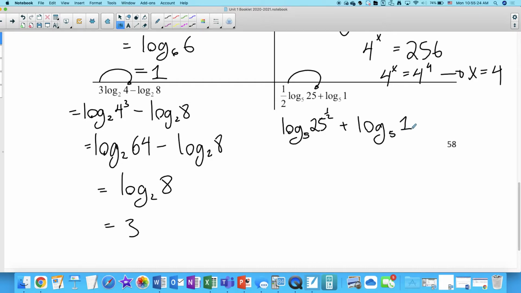When you raise something to the exponent 1/2, what's an equivalent thing to do? Square rooting, right? So what's the square root of 25? 5. So I'm going to have log base 5 of 5 plus log base 5 of 1. And then, of course, 5 times 1 is just 5. So 5 raised to what exponent equals 5? 1, right.